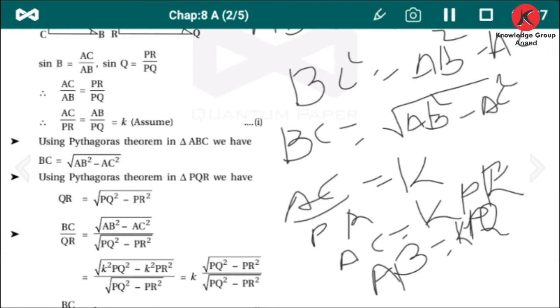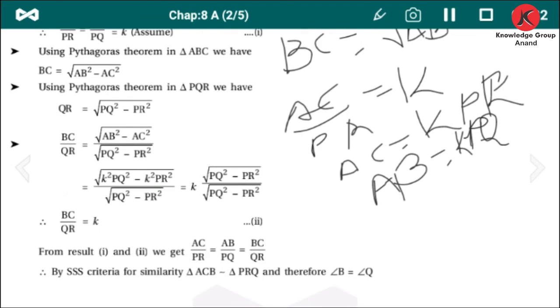We put this formula in: K square PQ square minus K square PR square upon under root PQ square minus PR square. K is the common part, then PQ square minus PR square upon PQ square minus PR square.